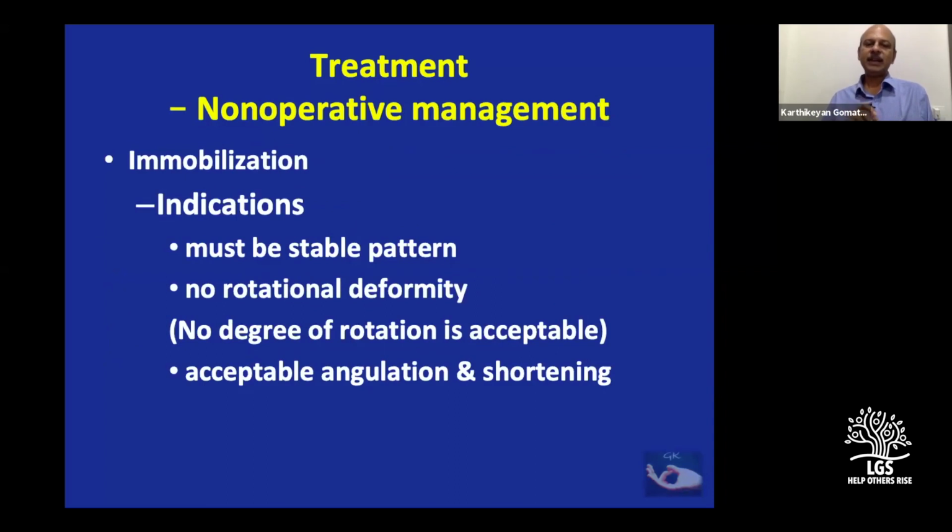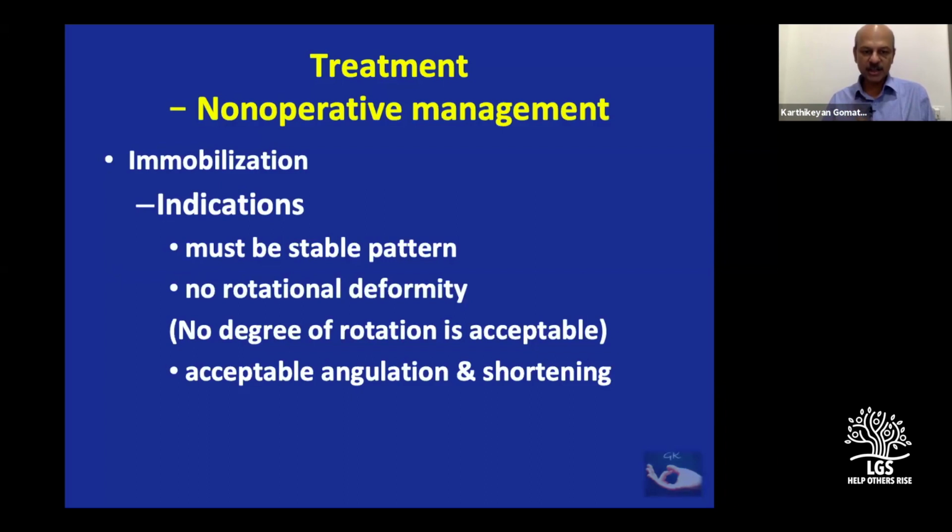So when we come to non-operative management, the indication is when you're not deciding on an operative management, you go in for a non-operative management, which is immobilization. And the fracture must be a stable fracture, typically of the fourth metacarpal, because there are no forces acting on it. But even in the fourth metacarpal, if it is a transverse fracture or unstable fracture, it's better to go in for fixation, or if there is an angulation.